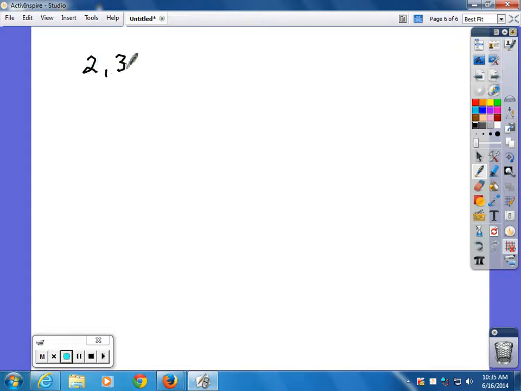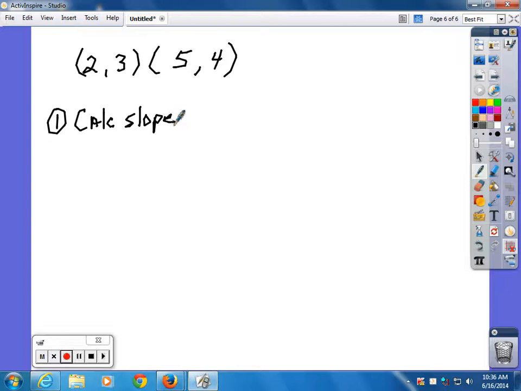Two, 3, 5, and 4. And I want you to find an equation for this line. So the first thing I want you to do is calculate the what? Slope, because you need the point and the slope to do the point-slope equation. So, number 1, calculate the slope. M is equal to y sub 2 minus y sub 1 over x sub 2 minus x sub 1.